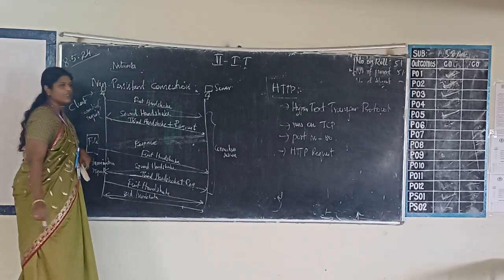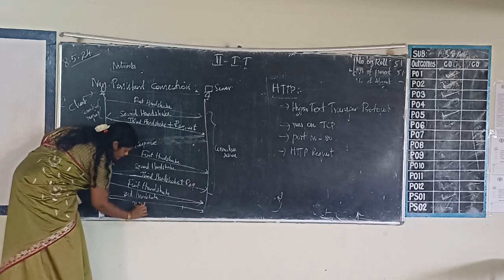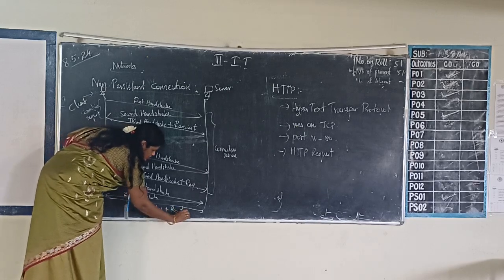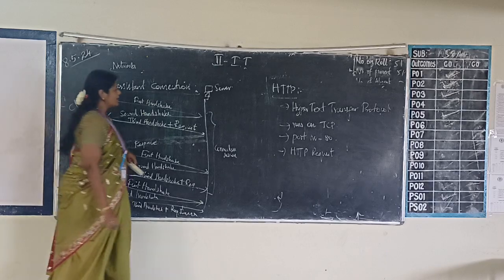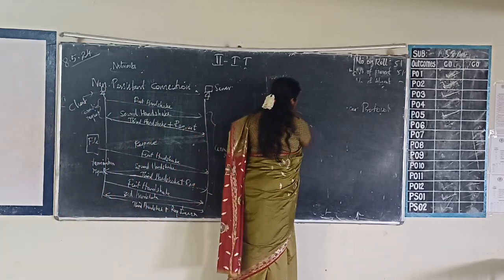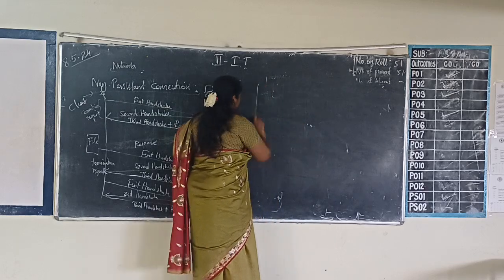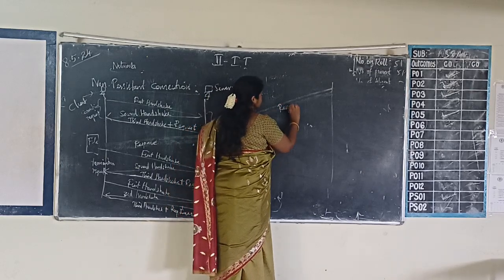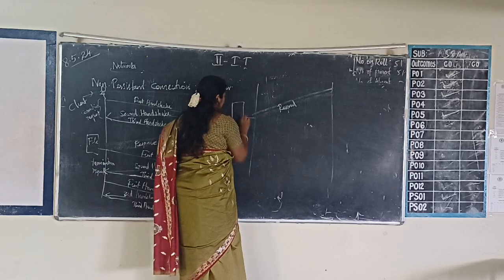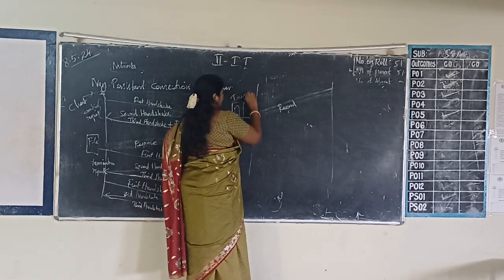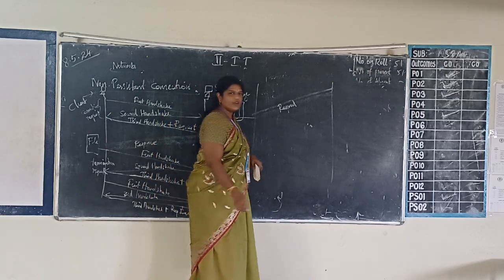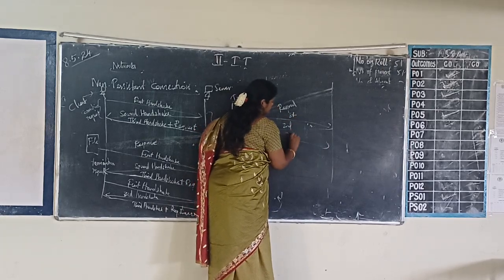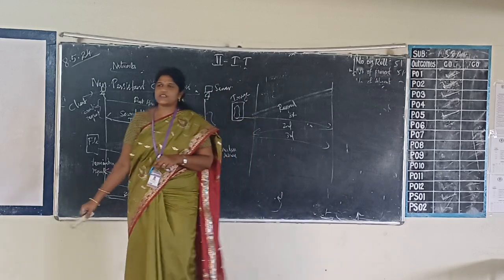Now the request for the image, third handshake, requesting the image. Then the server responds, and I get the image. Once the image is received, again the connection is terminated. So this is called a non-persistent connection.